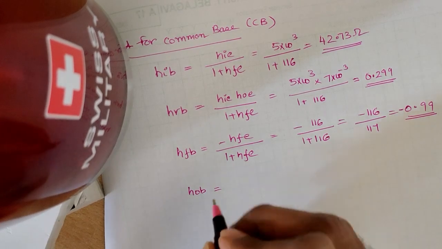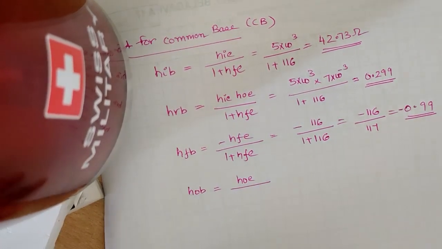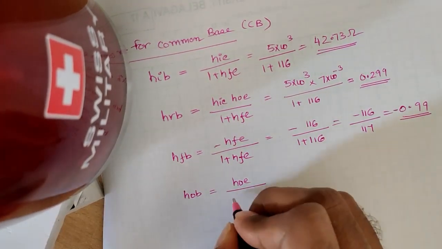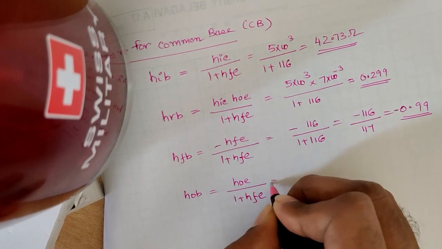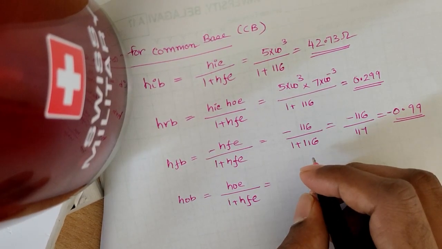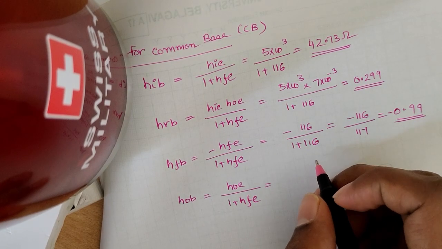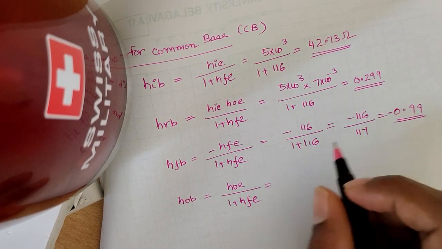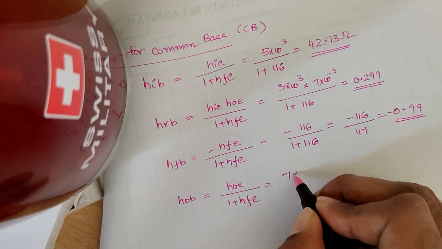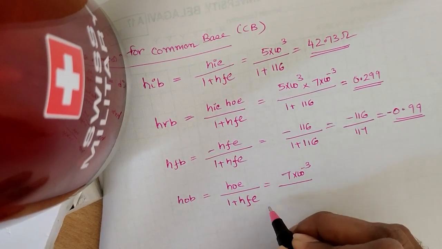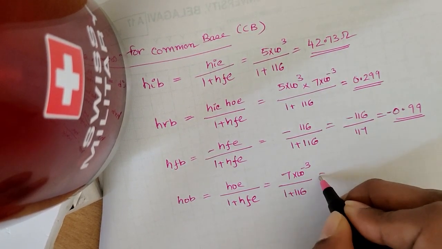And then finally we have HOB. So HOB is HOE divided by 1 plus HFE. So HOE is 7 milli divided by 1 plus 116.